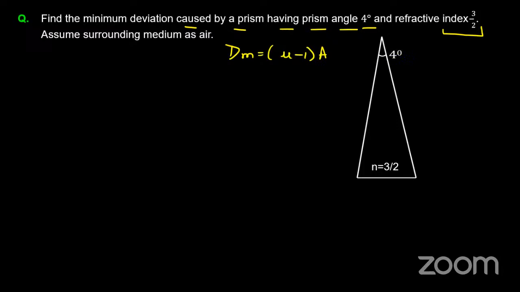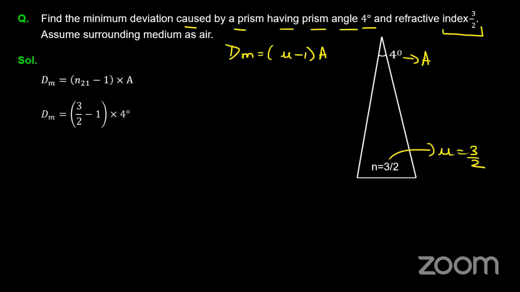Apply this. The angle of prism is given as 4 degrees, and refractive index mu is given as 3 by 2. Let us see the solution. This formula we applied, it's same as this, no? The answer is 2 degrees, which is the final answer.